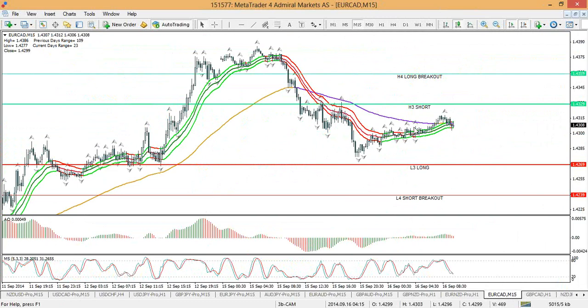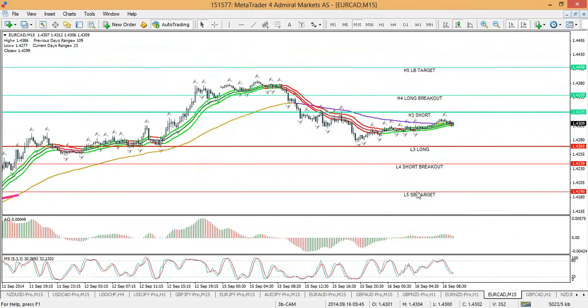It depends. Sometimes you could still expect more upside because, for instance, the H5, L5 boundaries are so tight that they're too close to each other because the previous day was too small. That can happen. But typically, L5 and H5 are the boundaries where you don't want to trade anymore.